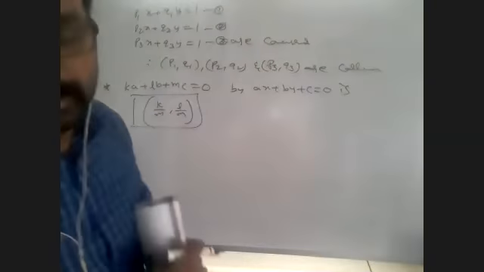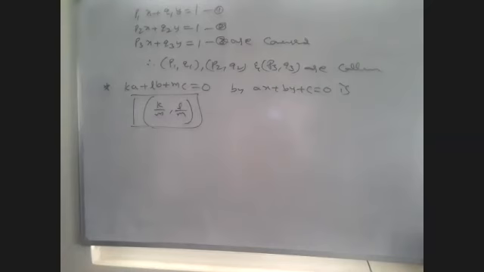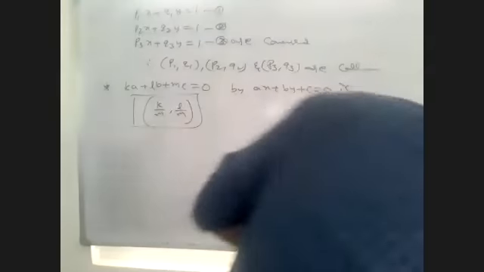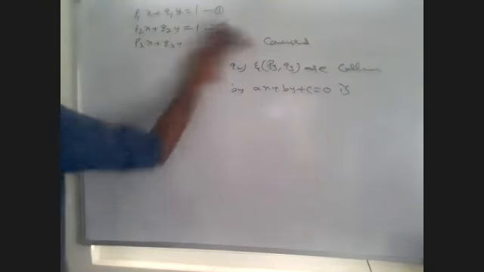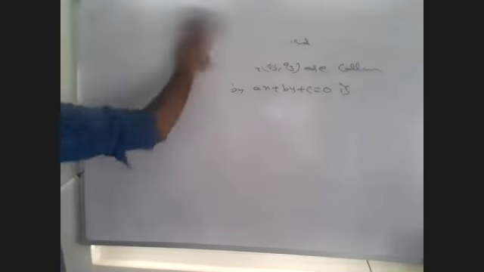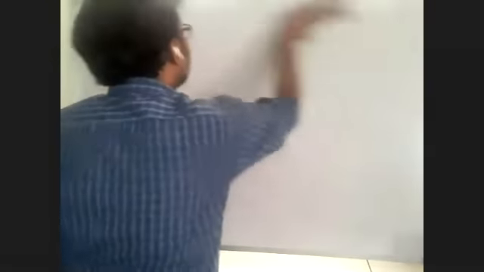And now one more, angle between lines. You know this angle between lines. If two lines are given which are intersecting at a point, then there exist two angles. One is acute, one is obtuse.